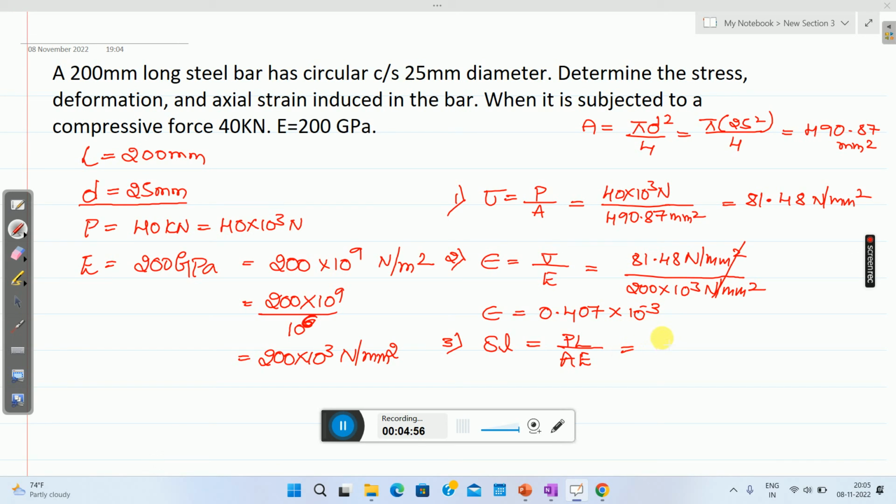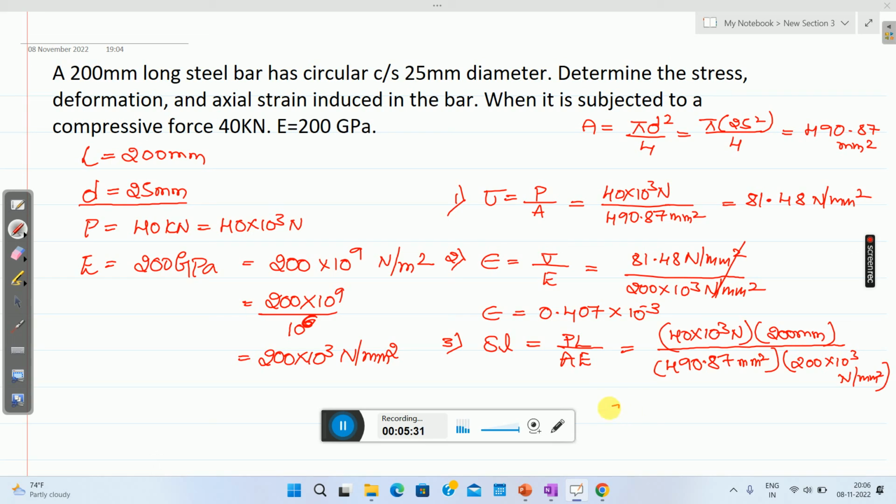So here load is 40 into 10 raised to 3 Newton multiplied by length 200 millimeter divided by cross-sectional area of the material 490.87 millimeter square, and Young's modulus, it is 200 into 10 raised to 3 Newton per millimeter square.